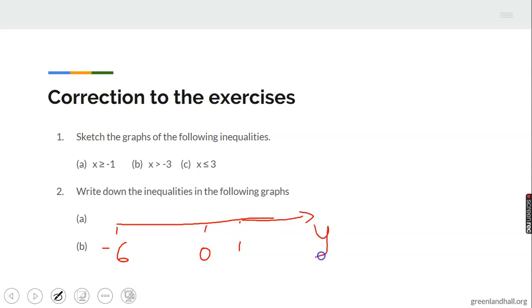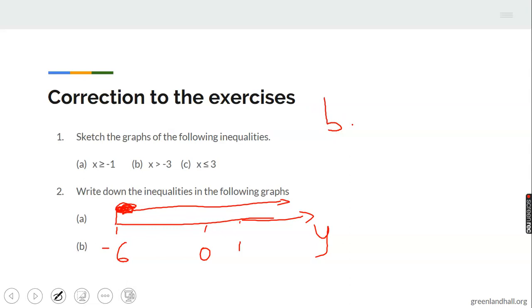This is y. Then the inequality: we've represented this as a graph, but we are to interpret it as an inequality. That is the first question that was given.